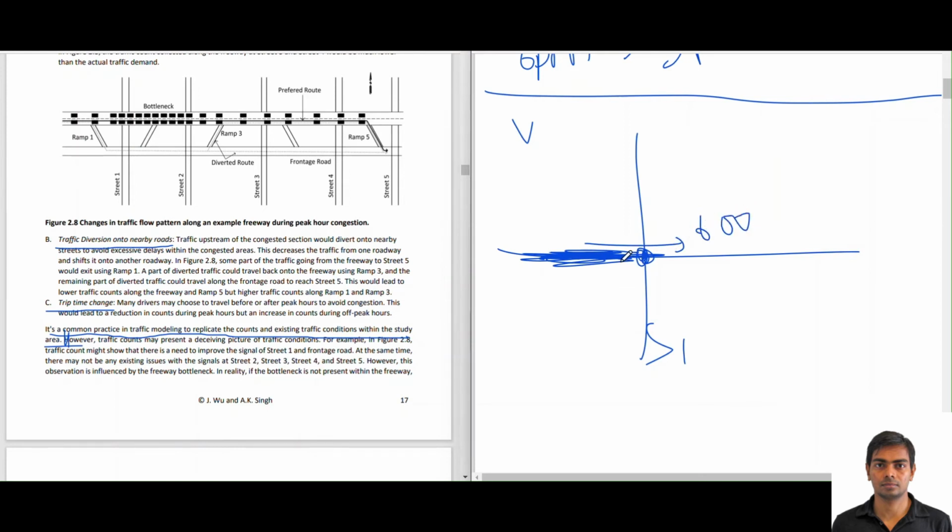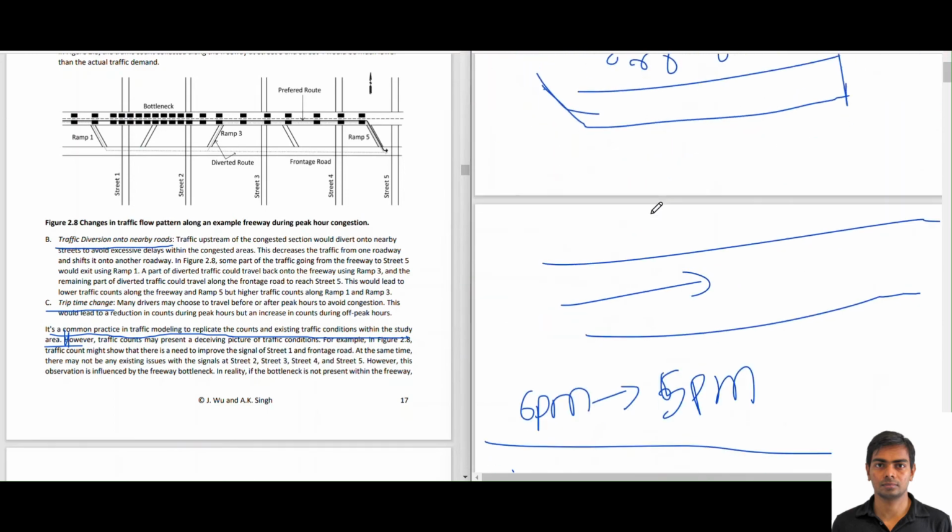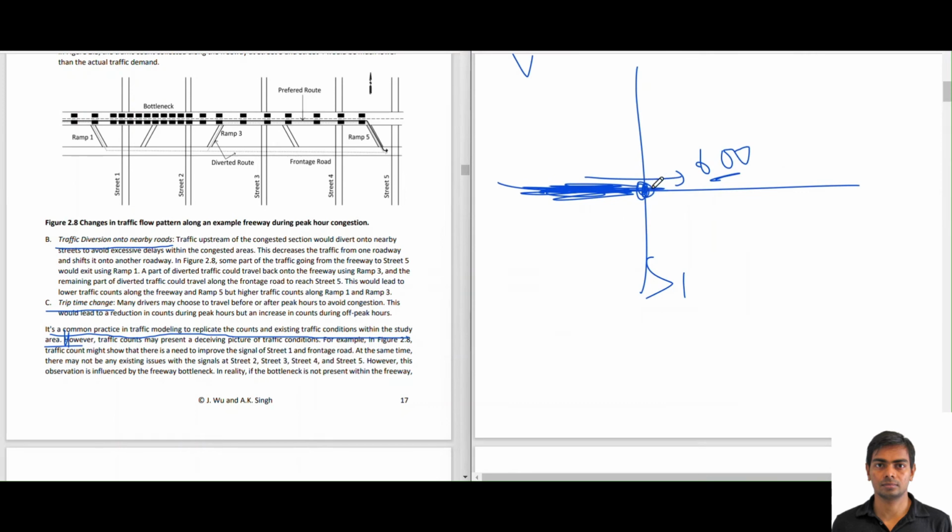In very rare cases, out of thousands of projects, there will be only a few projects where we actually go and reduce this number to account for this diversion. In most cases, we take the traffic count and simulate the intersection with the counts. So in practice, we are trying to build a model that matches the existing conditions.